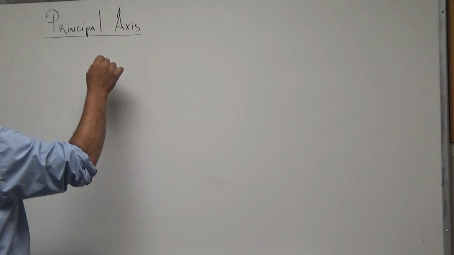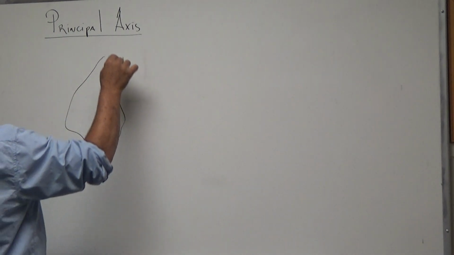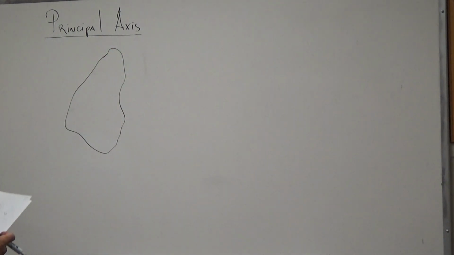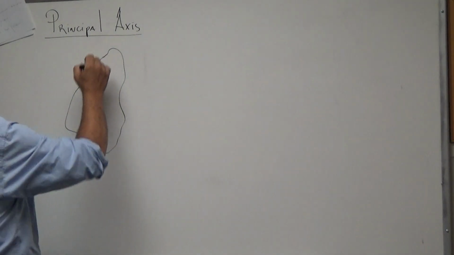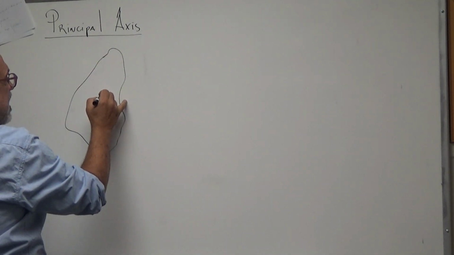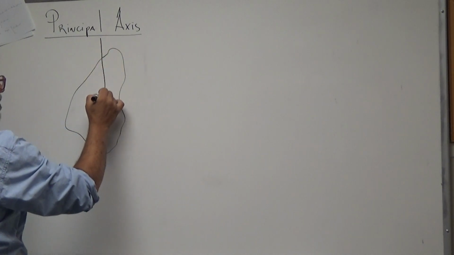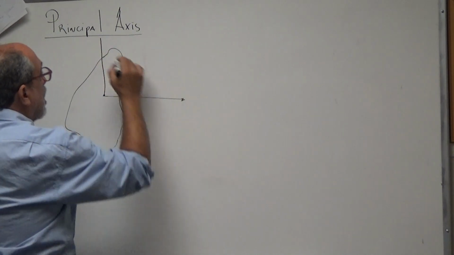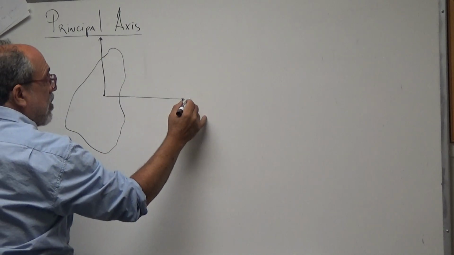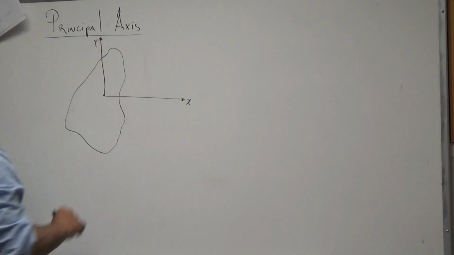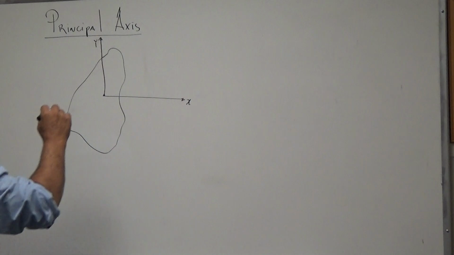So let's call this principal axis. Okay, so we have a cross section which is arbitrary in shape. We will say that this is the centroid, and for our discussion we will have an xy axis, horizontal and vertical, which is our reference. Of course, that's arbitrary.